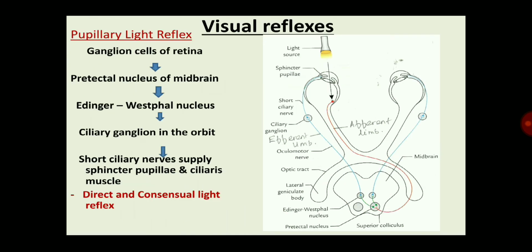So here is the pathway of the pupillary light reflex: from the ganglion cells of the retina to the pretectal nucleus of the midbrain, to the Edinger-Westphal nucleus, to the ciliary ganglion in the orbit, then to the short ciliary nerve supplying the sphincter pupillae and ciliary muscles.